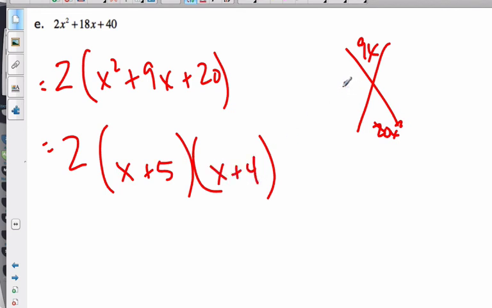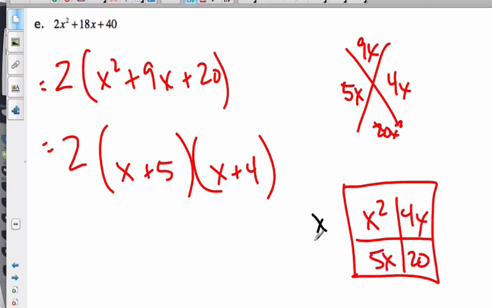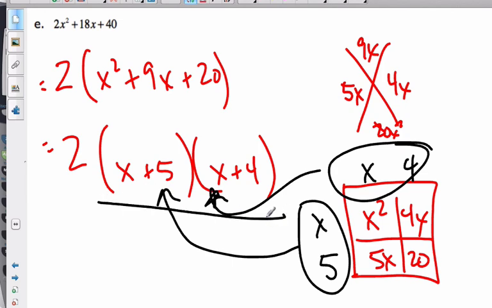And if I look here, it's the 5x and the 4x making the box. When I have an a value of 1, I can do this shortcut here. And so this was the x squared, this was the 20, 4x and the 5x. Pulling everything out, common factor, and indeed, this is that one, this is that one. And so I get my factor.